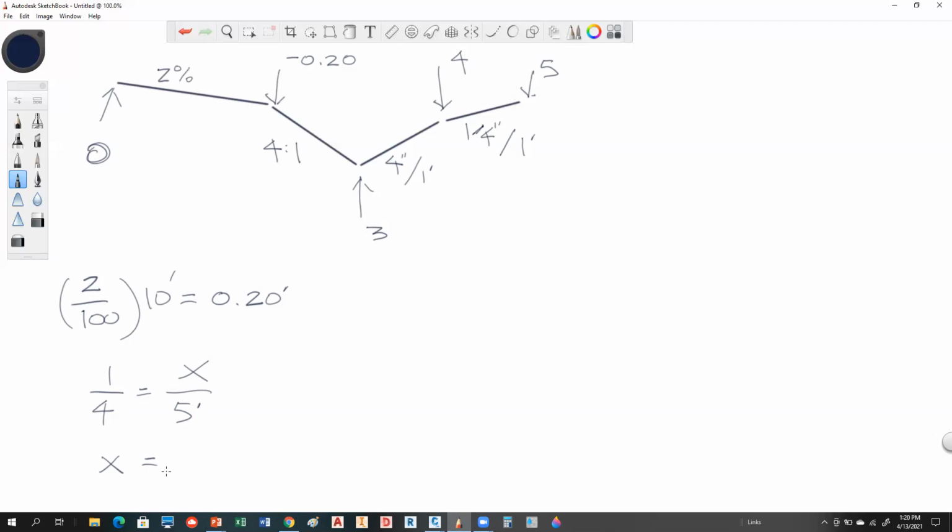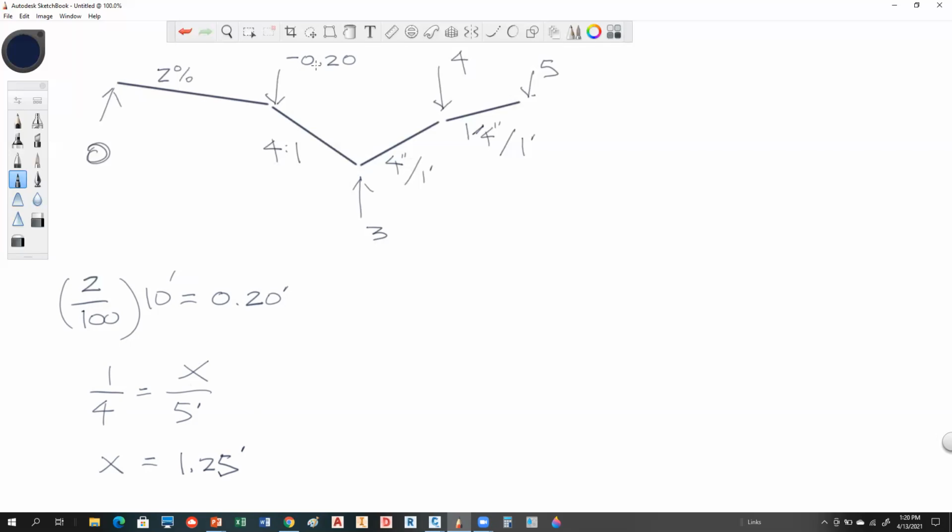So if we solve for X in this proportion, what is that telling us? What do we get? Basically just 5 feet divided by 4. Does everybody agree with that? 1.25. And what's the unit on it? That'd be feet. Okay, so now, what is the drop from here to here? Well, this drop is from here to here, right?